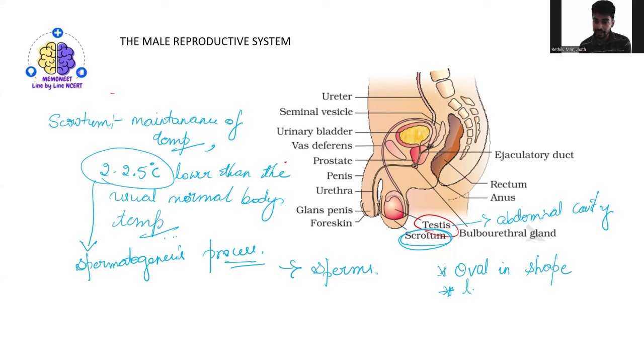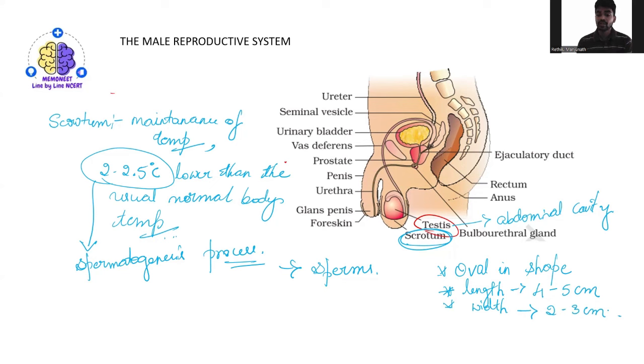Coming to the length, it is about 4 to 5 centimeters in length. And when I'm talking about the width, you know the length and width concept, right? It is 2 to 3 centimeters in width.